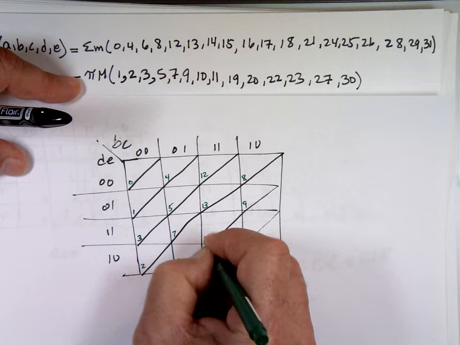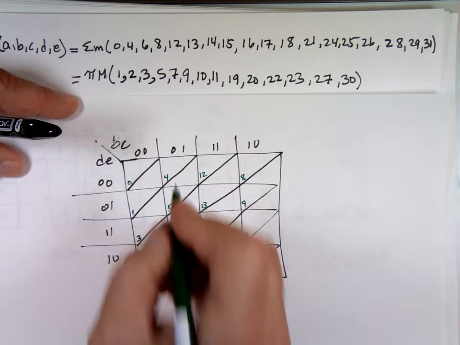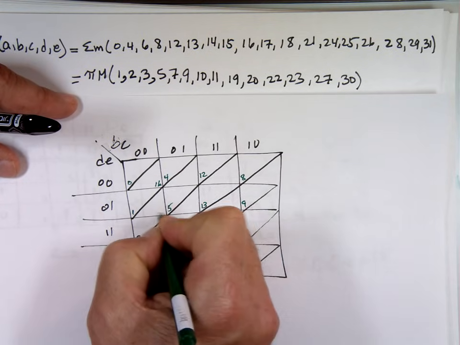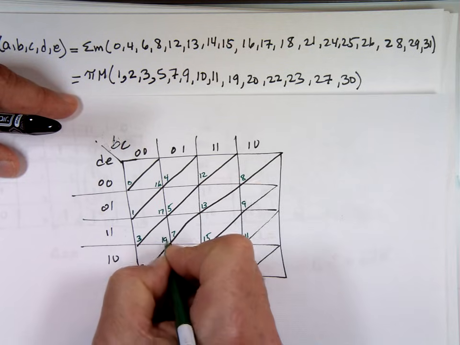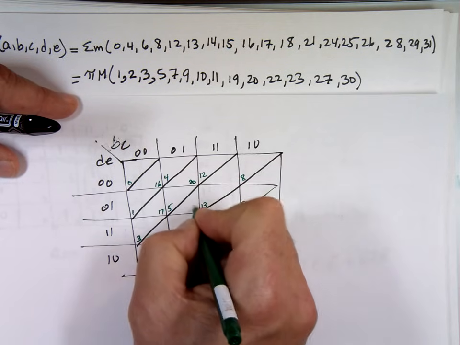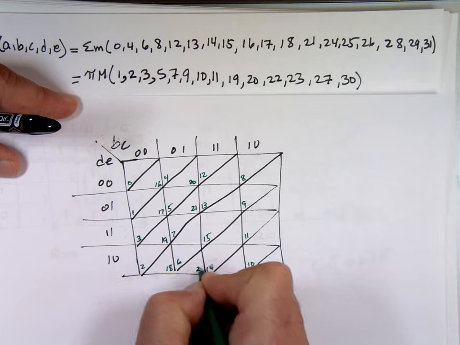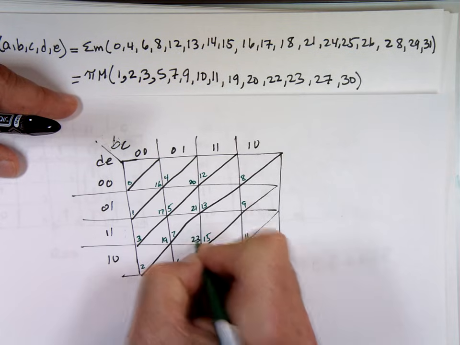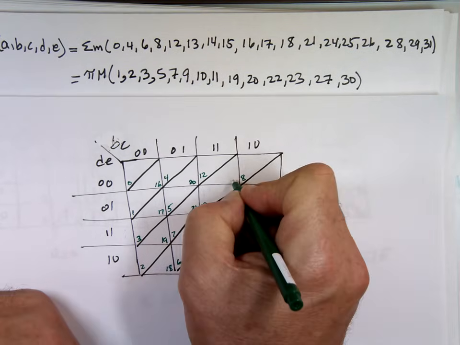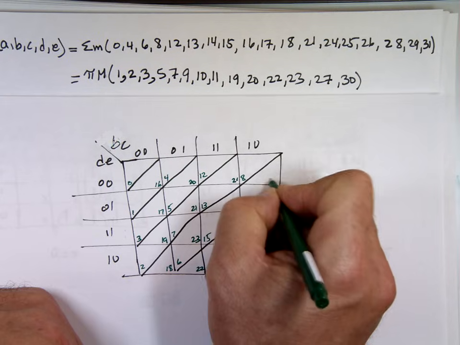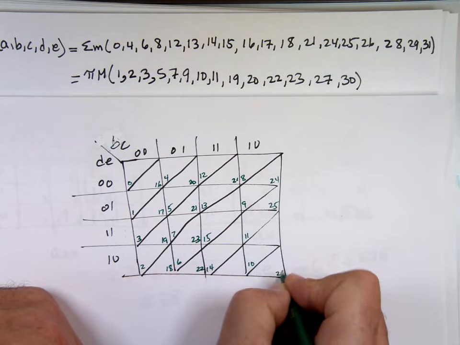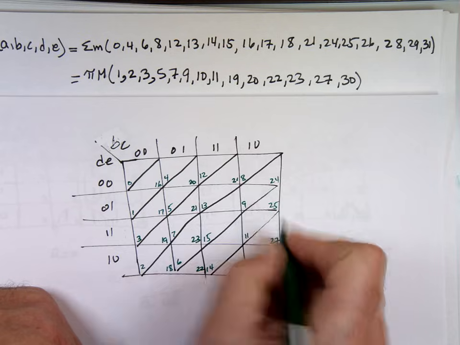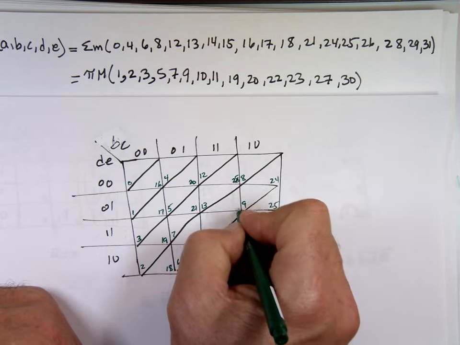Use the bottom half of the cell for 16, 17, 18, 19, 20, 21, 22, 23, 24, 25, 26, 27, 28, 29, 30, and 31.